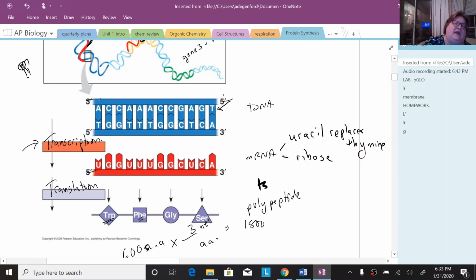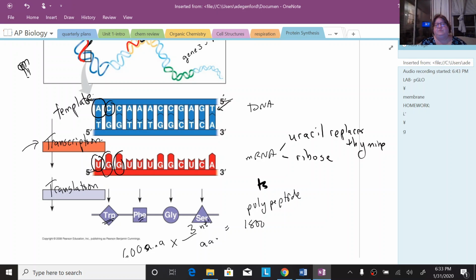Because notice A would complementary match U, C would match to G, and then here we have another G for another C. So the strand that is used to build our RNA is called the template strand. Just like in art class, you would use a template to build a shape. Well, this DNA strand is what you're going to use to build your mRNA strand.